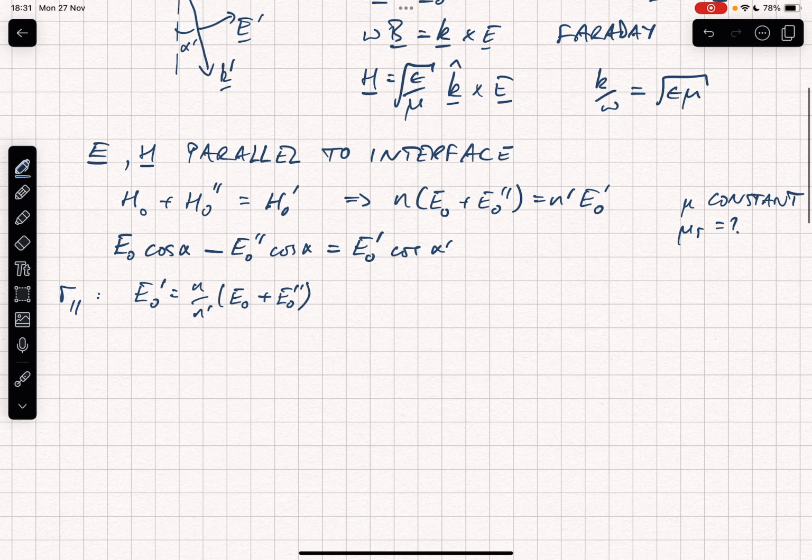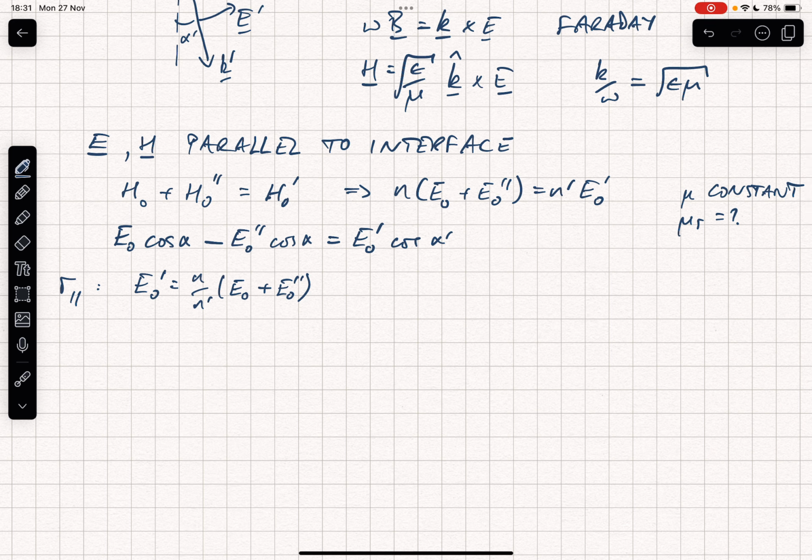And when we do that and we substitute into the second equation, we find the following. We have that (E0 minus E0 double prime) multiplied by cos alpha is equal to n over n prime into (E0 plus E0 double prime) cos alpha prime. So we can multiply out and rearrange.